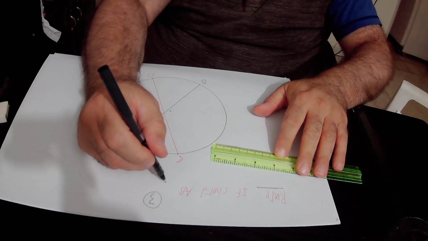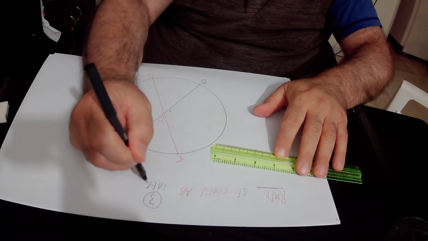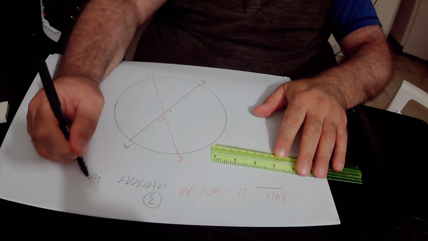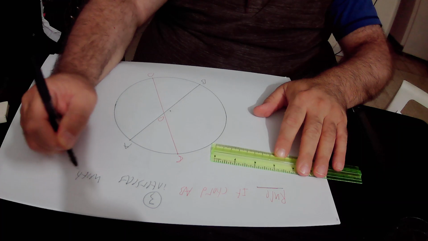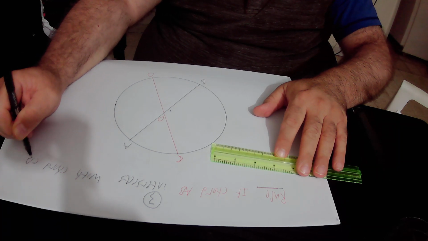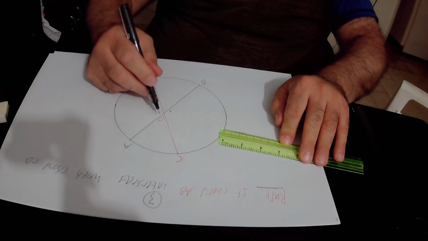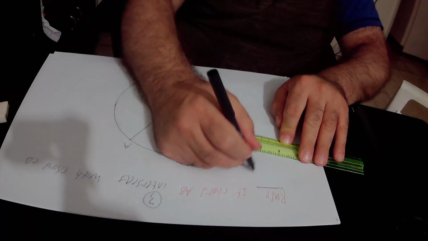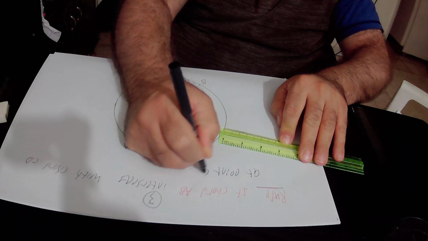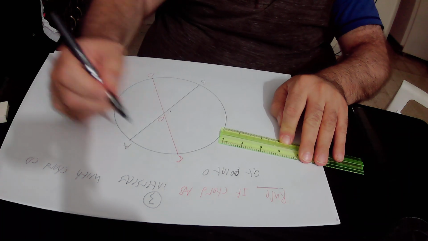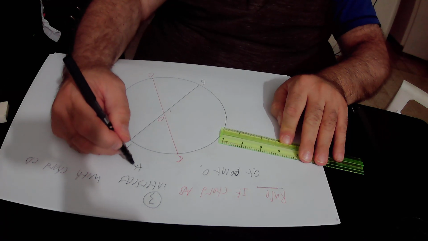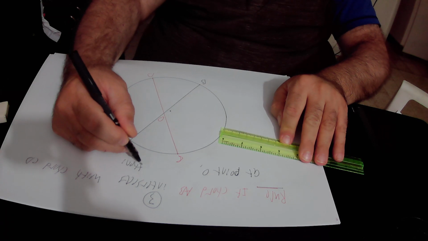If chord AB intersects with chord CD, and the intersection point is point O, then the following equation is true.